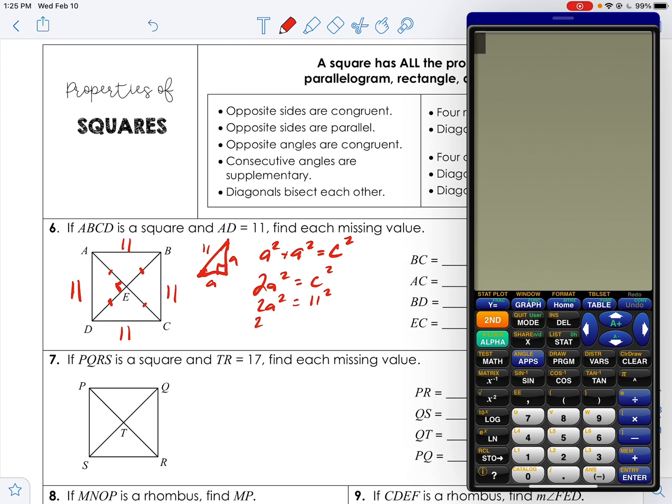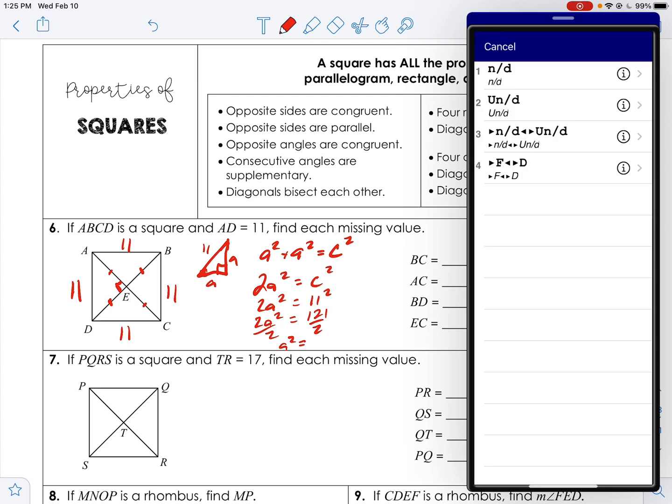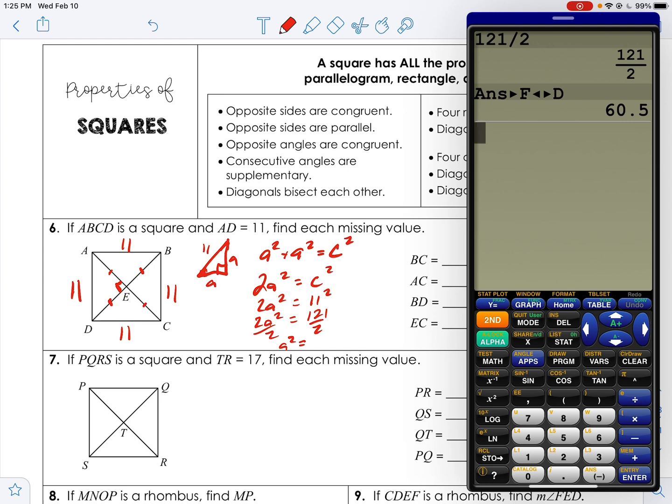But 11 squared is 121. 2A squared equals 121. And we're going to divide by 2. So A squared equals 121 divided by 2. Well, it'll be 60.5, right? So if we do fraction to decimal, 60.5.